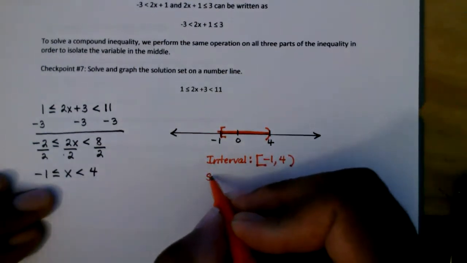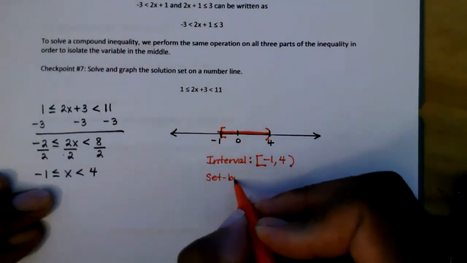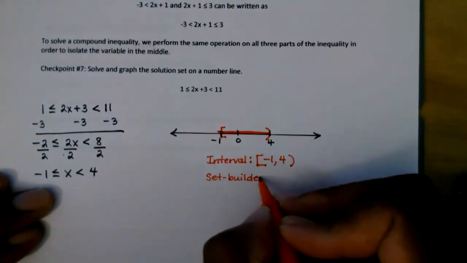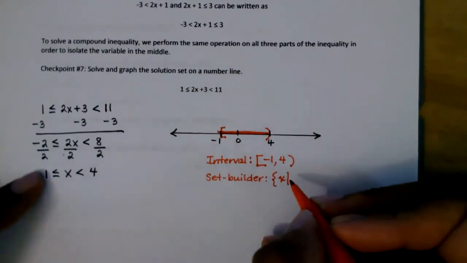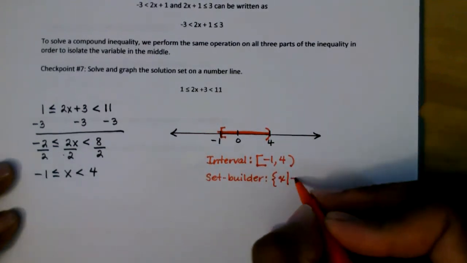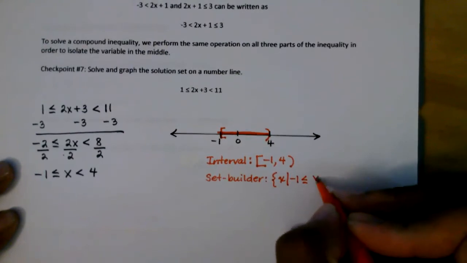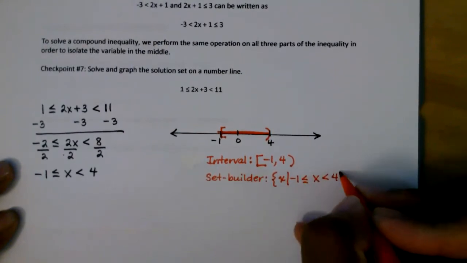Now for your set builder notation, that's the set of all x such that, and we copy that inequality statement: negative 1 is less than or equal to x and less than 4.